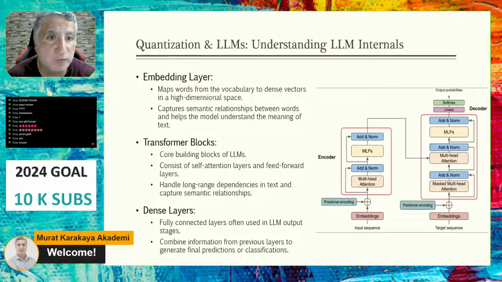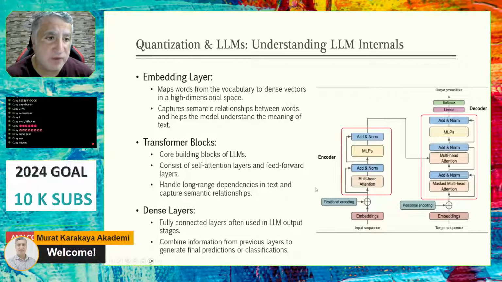You know that most large language models depend on the transformer architecture, as seen on the right side. In the transformer architecture, we have the encoder and the decoder, as you see.